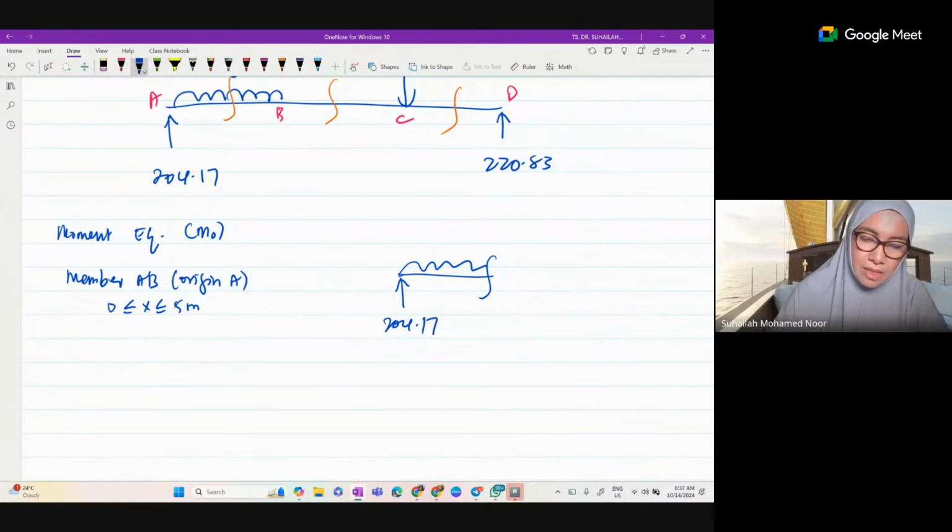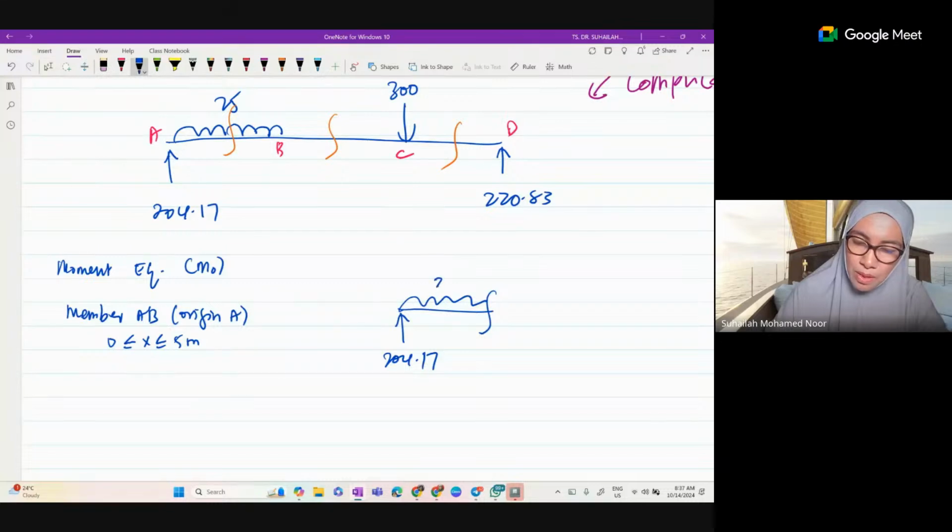And again, this is also not compulsory, but we do because we want to write the diagram. So kalau from this diagram, you can give the moment equation. So this step ni tak perlu breakdown lah, tak perlu tunjukkan. Okay, this is just to show the process.